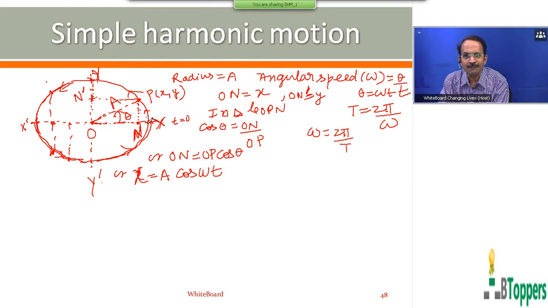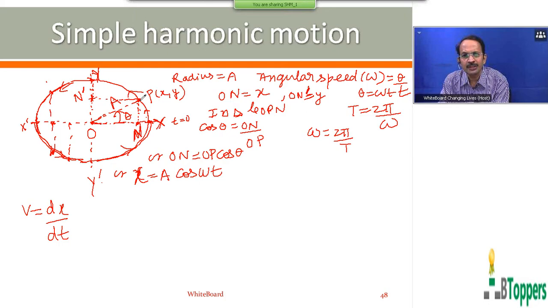So the time period of oscillation for the projection of the particle along one of the diameters is the same as the time period of revolution of the particle in the circular path, which is given by 2 pi by omega. Now the instantaneous velocity here is the velocity of the projection of the particle on another diameter, not the velocity of the particle moving in the circular path.